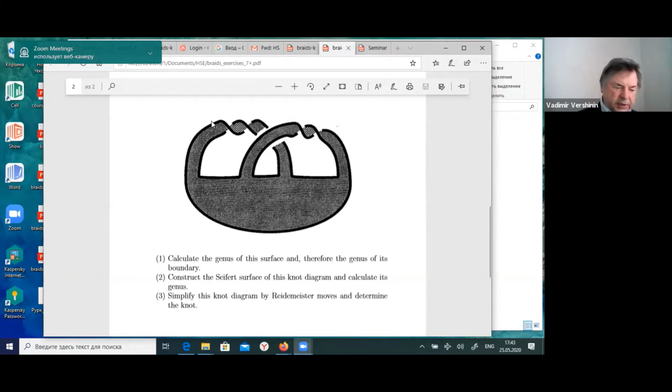Again, consider please only this black boundary. Forget about the surface, and let us apply the Reidemeister moves to get a trefoil. Who can start?